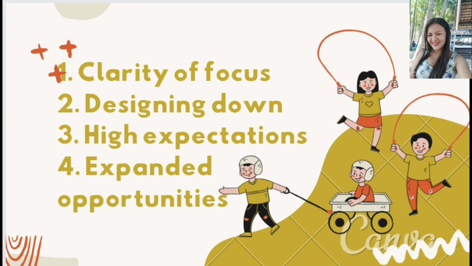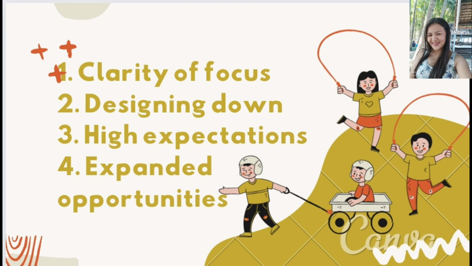High expectation is believing that all learners can learn and succeed, but not all at the same time or in the same way. Not all learners can learn the same thing in the same way and in the same amount of time, but all are capable of mastery and meaningful learning. Some learners may need more time than the others, and it is true because each of us has different strengths and weaknesses.